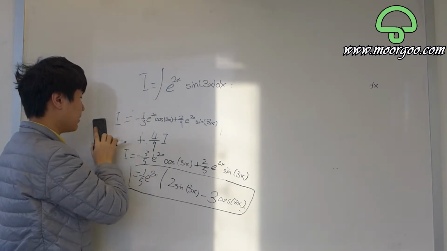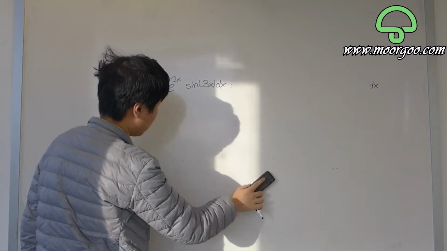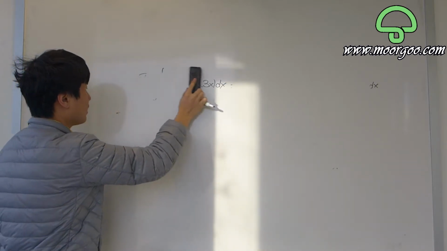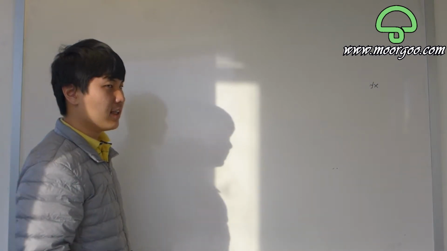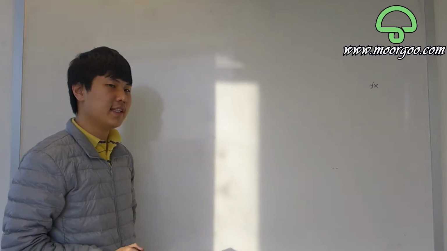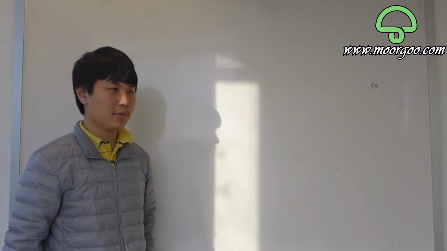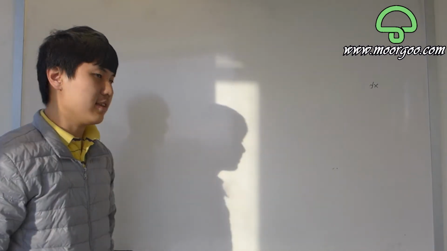Difficult one, isn't it? But we have the answer now. So yeah, I think if you could do this, you have probably mastered integration by parts. So let's move on to the next part, finding area and volumes.